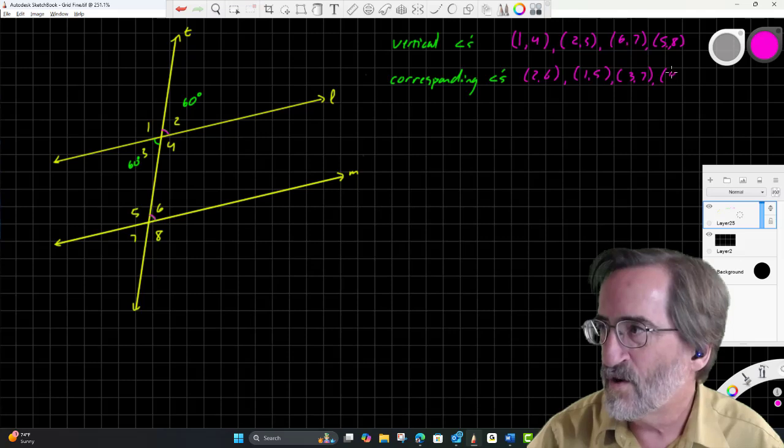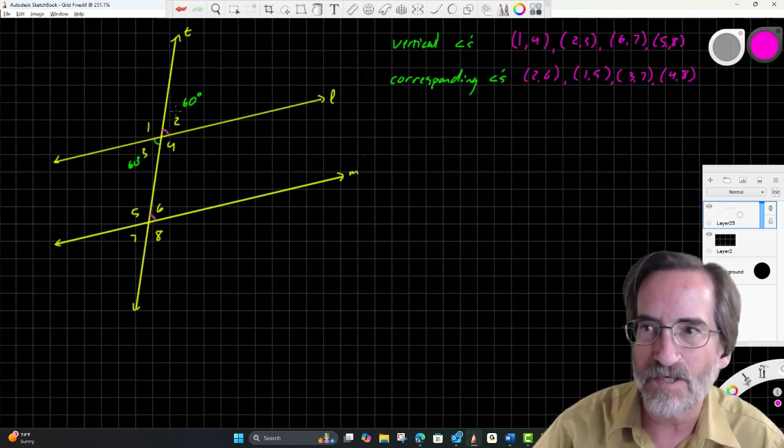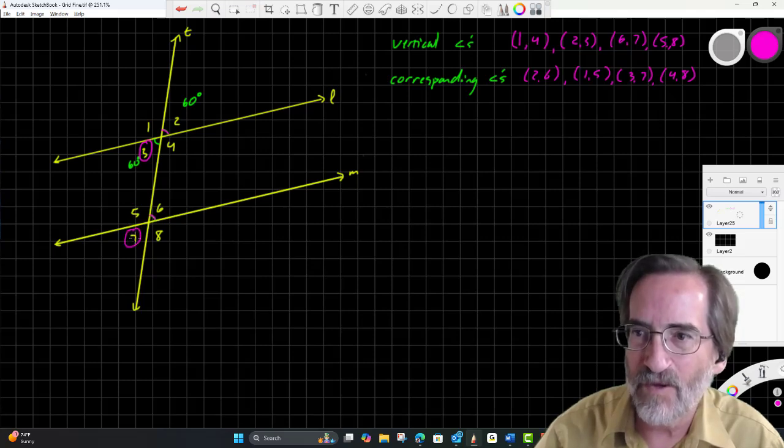Angles 4 and 8. So corresponding angles are basically angles that are in the same orientation. 2 is in the upper right, 6 is in the upper right. 1 is in the upper left, 5 is in the upper left. 3 is in the bottom left, 7 is in the bottom left. 4 is in the bottom right, 8 is in the bottom right.